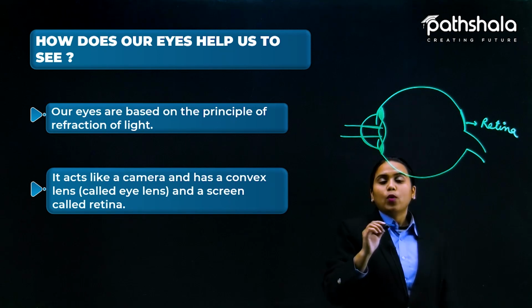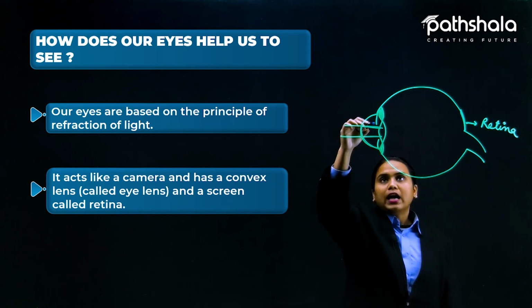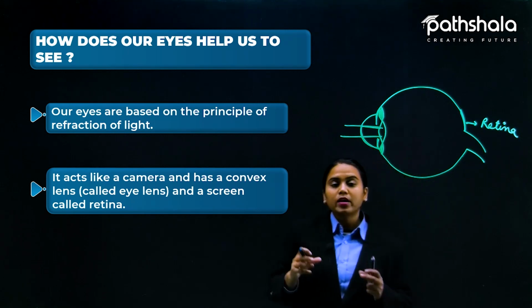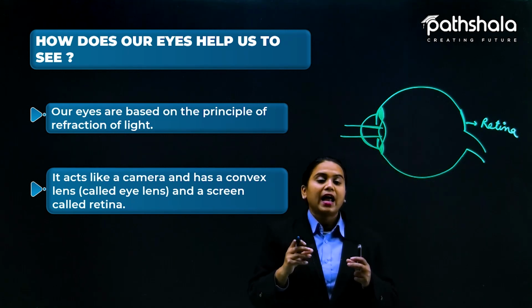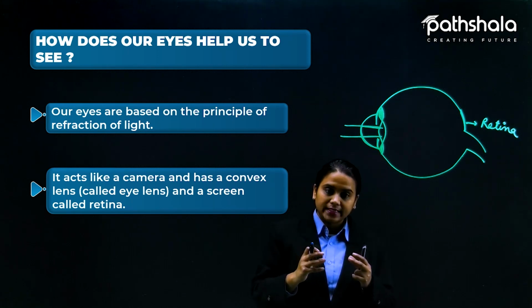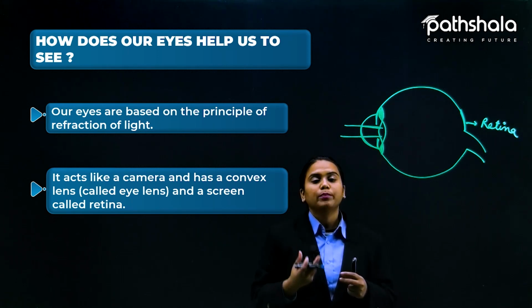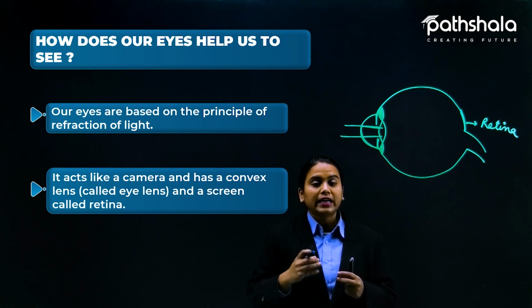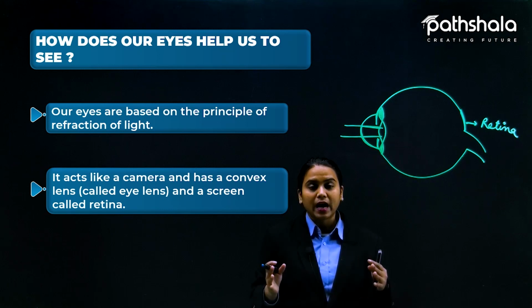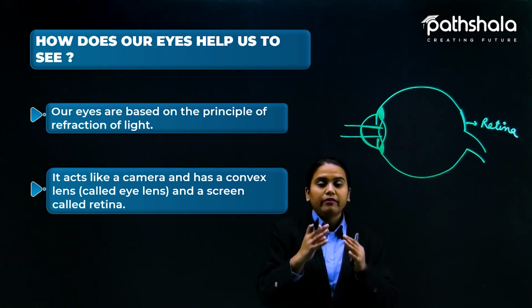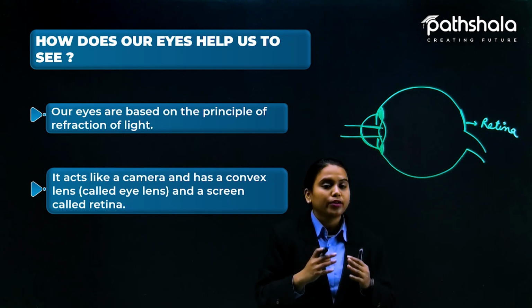Now when the light is entering, here we have the iris. The iris adjusts itself and makes the pupil larger or smaller according to the brightness of the light. If the intensity of the light is very high, the iris is going to enlarge itself and the pupil size is going to reduce.